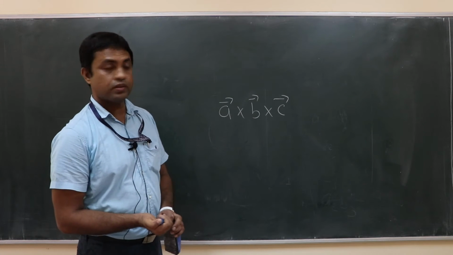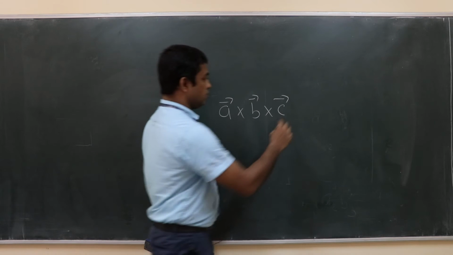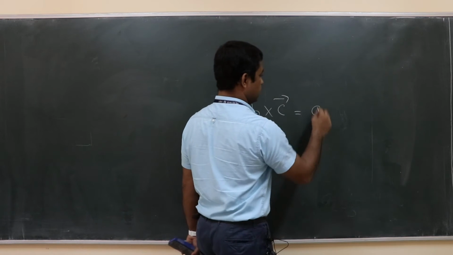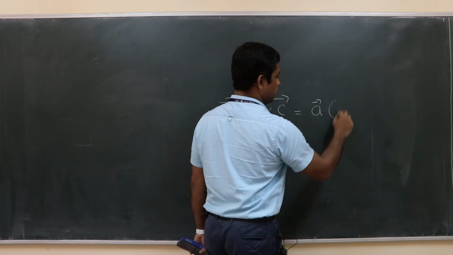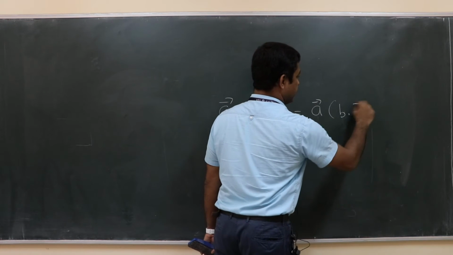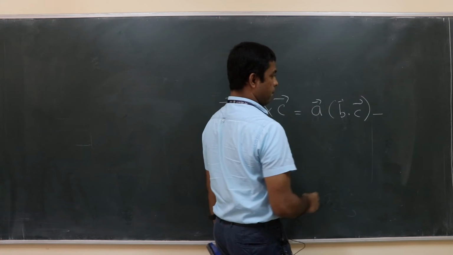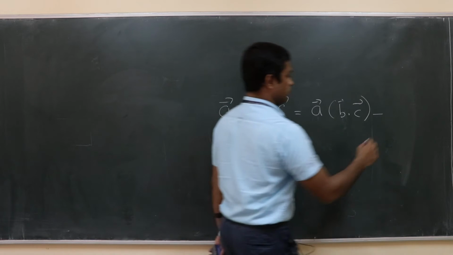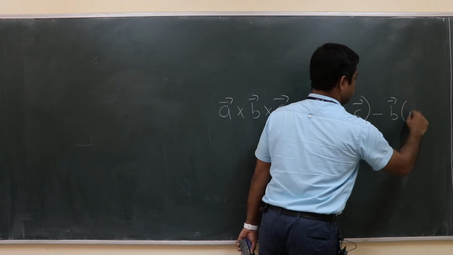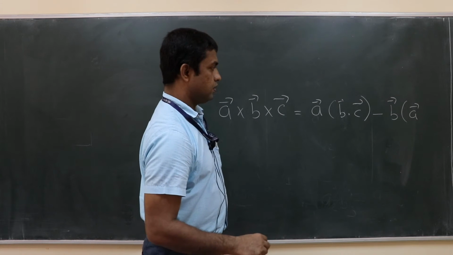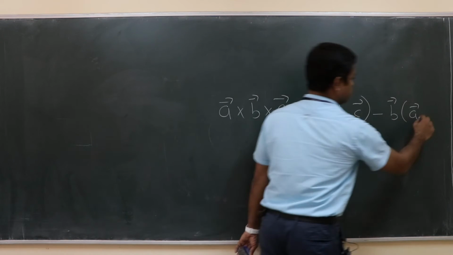A multiplied by B dot C, minus B multiplied by C dot A, or A dot C? A dot C.